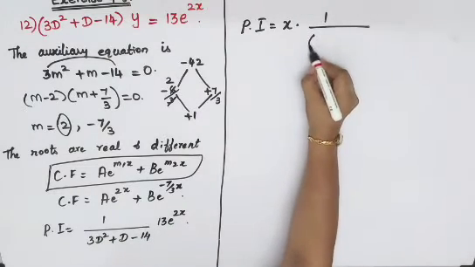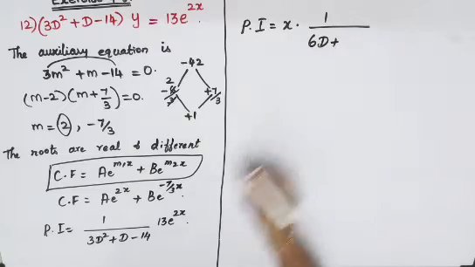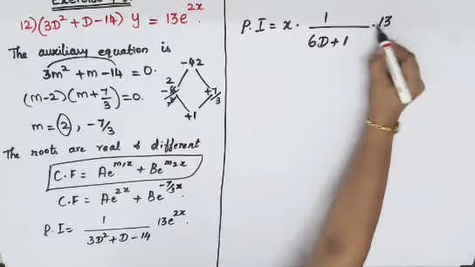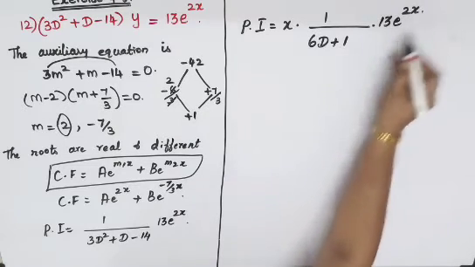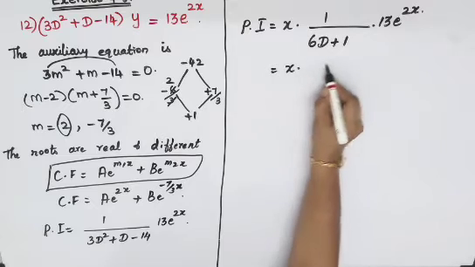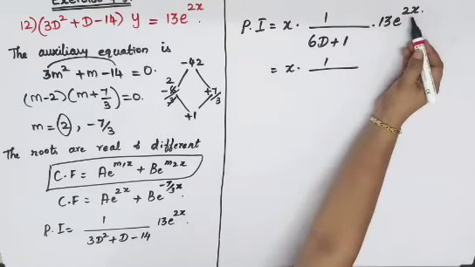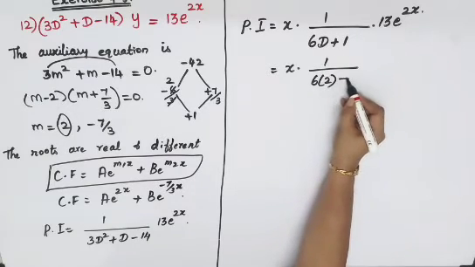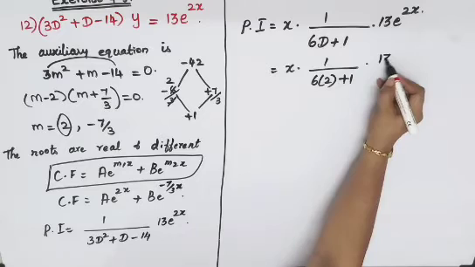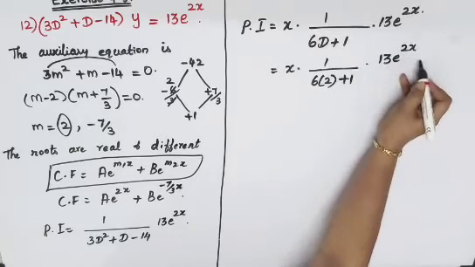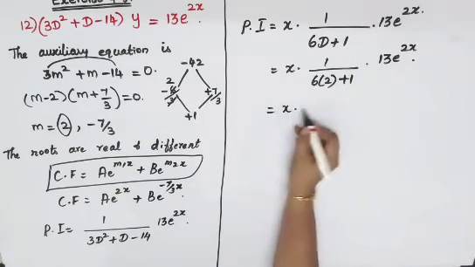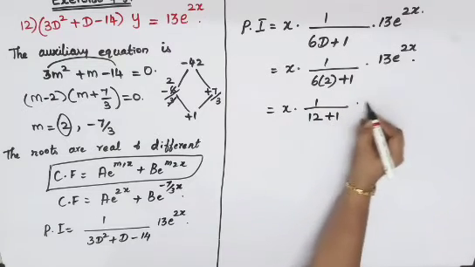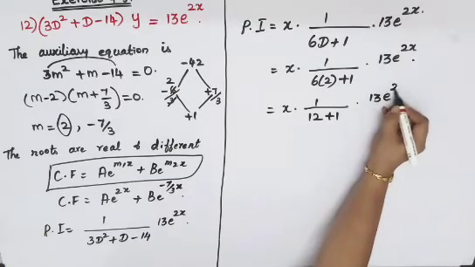When you differentiate it will become 6D plus D when you are differentiating it will become 1 into 13 e power 2x. Now the next step is x into 1 divided by, in the place of D you will have to put 2 now. Okay, so 6 into 2 plus 1 into this 13 e power 2x will be there as it is. So the next step is x into 1 divided by 6 2s are 12, 12 plus 1 into 13 e power 2x.